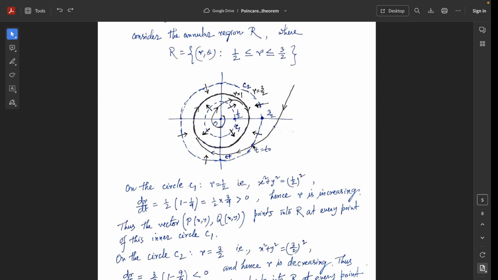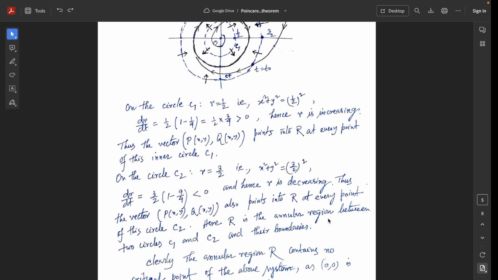From t0 to infinity this portion is C plus, and before t0 this portion of the trajectory is C minus. After entering, this trajectory C plus lies within this annular region, because the critical point does not lie in this annular region.